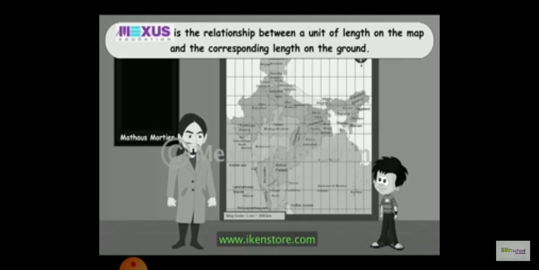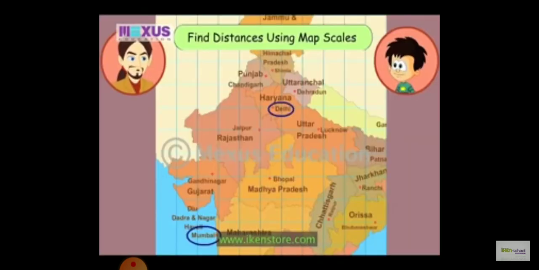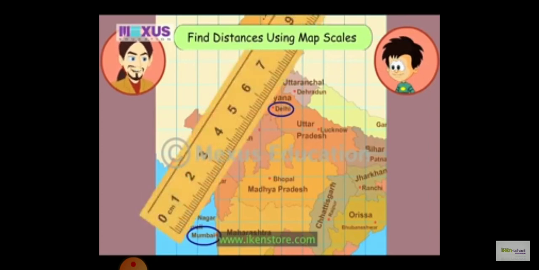JC, this scale is so accurate that you can even find out the distance between two cities using it. Can we find the distance between Mumbai and New Delhi? Sure, JC. Before that, let's find the distance on the map using this ruler. You have to place the ruler in between the two cities and find out the distance. The distance is 6 centimeters on the map. Correct, JC.